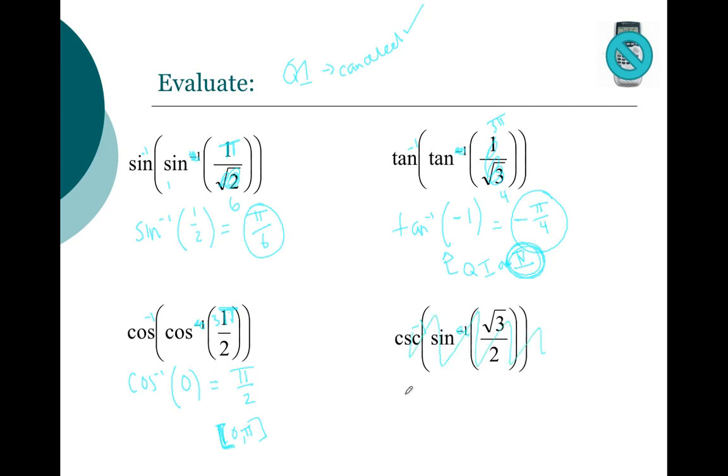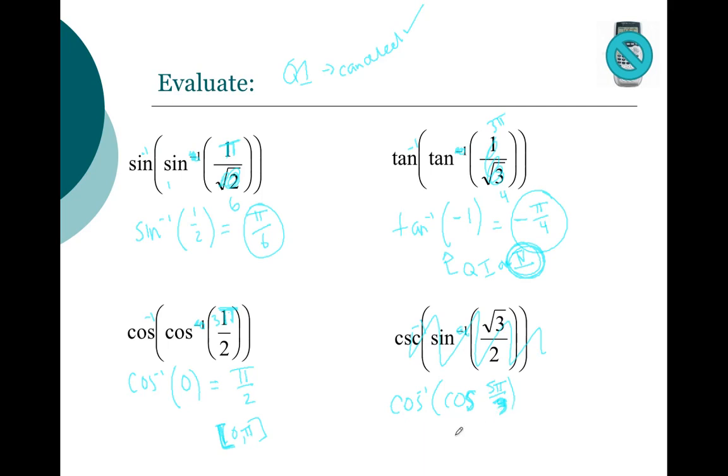Let's say we wanted to do the cosine inverse of the cosine of 5 pi over 4, or 5 pi over 3. Yeah, let's do that.